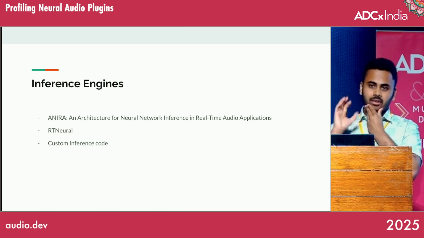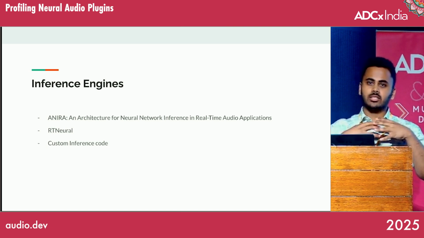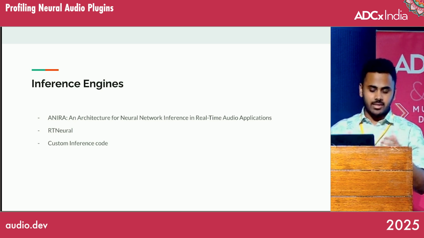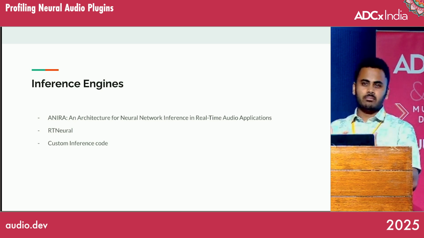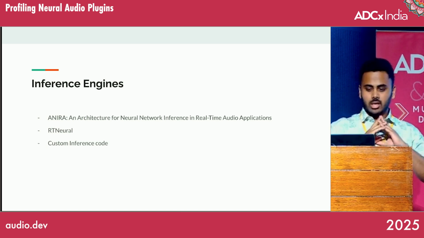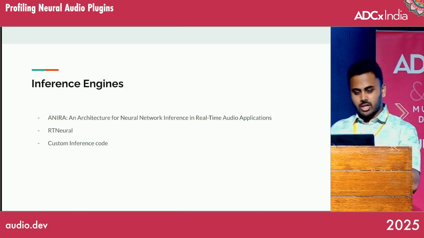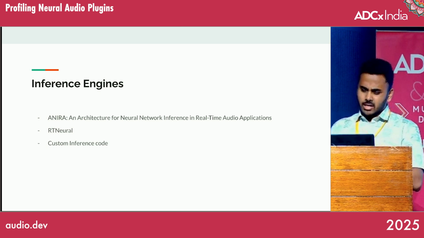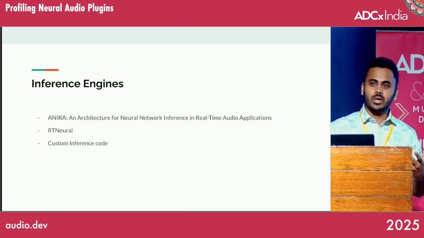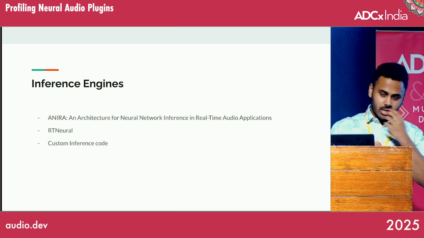With RT-Neural, everything works on the audio thread, but the problem is that it doesn't support all operations or layers. And finally, anytime somebody really wants to produce professional production grade neural network based plugins, personally I feel that custom inference code is the best way, rather than relying on other methods.